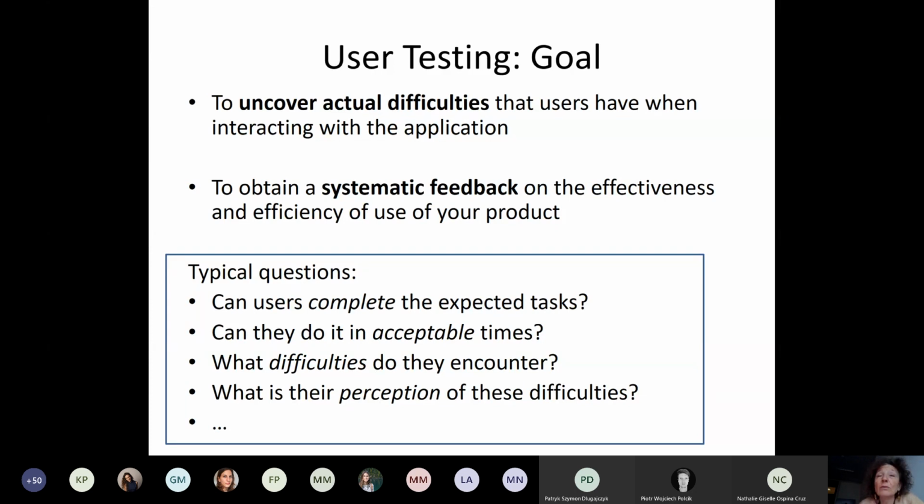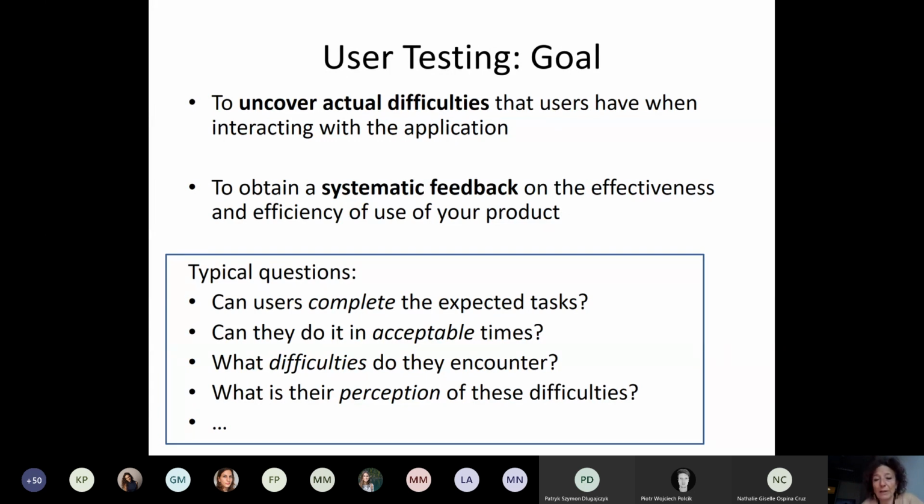So there are some typical questions that you wonder about when you do a usability test. Can users complete the expected task? Are they able to do what they are expected to do? If they're going to make a hotel reservation on a tourist website, can they start and go to the end and be able to complete their reservation?